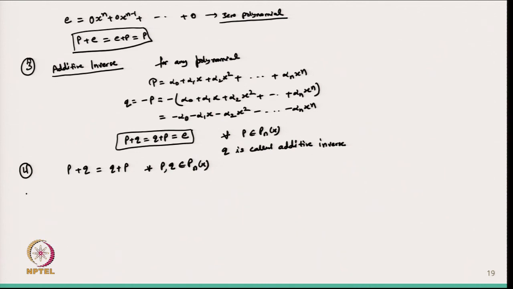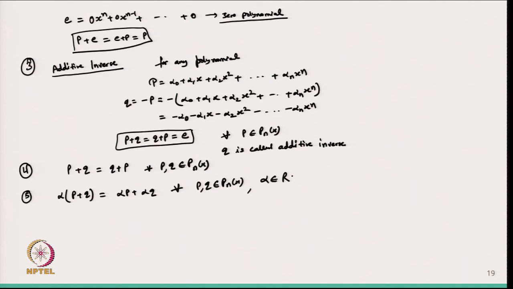The same way I can define another property. The fifth one is the distributive property. For any scalar alpha, alpha times p plus q, I can verify very easily that it will be equal to alpha p plus alpha q, and that is true for all p and q belonging to P n x, and alpha is coming from the real line R, because we are defining the coefficients as real.